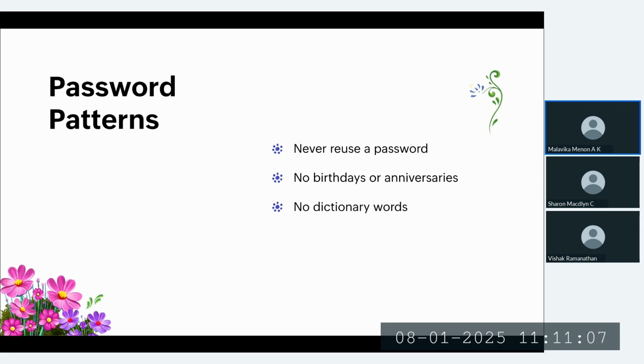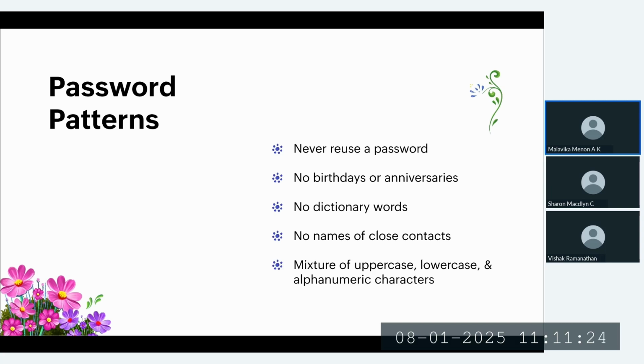If you use a dictionary word, it is relatively difficult, but it's still something the system as well as hackers can crack. So no names of close contacts, and it's always recommended that you use a mixture of uppercase, lowercase, and alphanumeric characters. This is something you see as a suggestion in many of the accounts that you sign up for on various websites, but still, yeah.